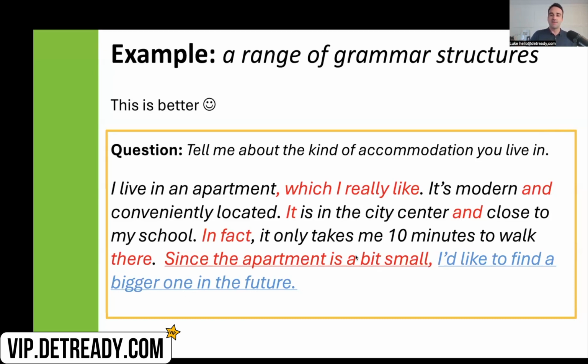Since the apartment is a bit small is what we call the dependent clause. You can't say 'since the apartment is a bit small,' full stop. That doesn't work, right? So this is the dependent clause because it's dependent on this blue one, the independent clause. And we link them together using the word 'since.'